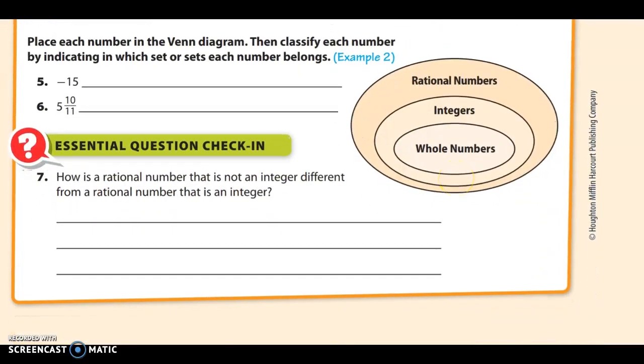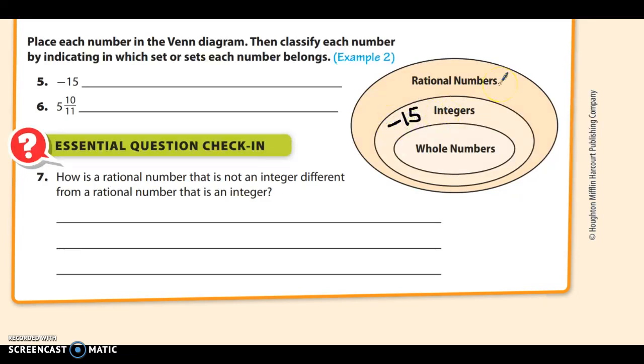Numbers 5 and 6. It says place each number in the Venn diagram, then classify each number by indicating in which set or sets each number belongs. Number 5 is negative 15. Since it's a negative, it belongs in the integers.